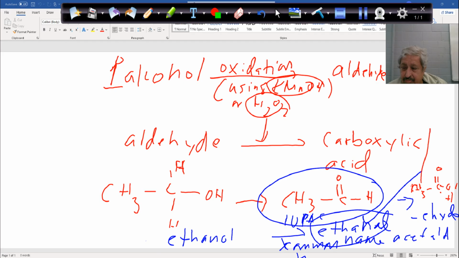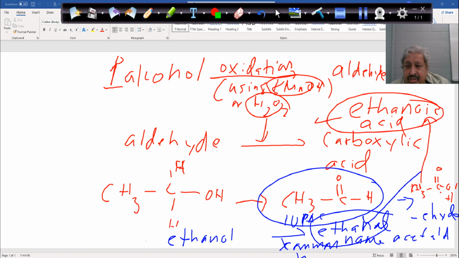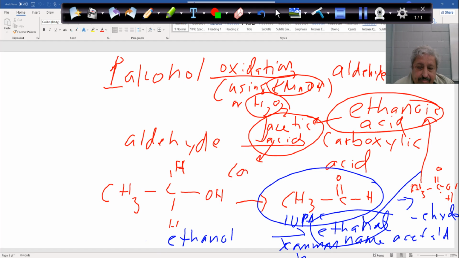This is called ethanoic acid, or common name acetic acid. Called what? Acetic acid. That's a common name. As I said, don't worry about common names. We are looking at the real IUPAC name.